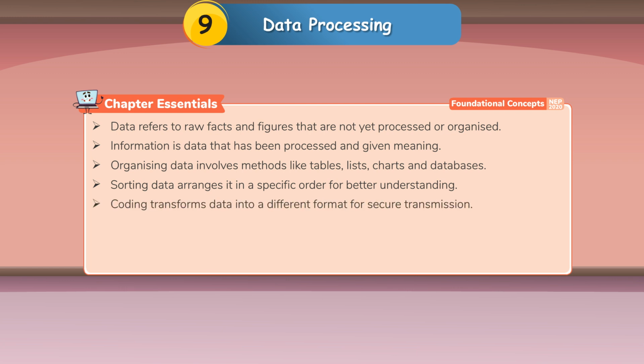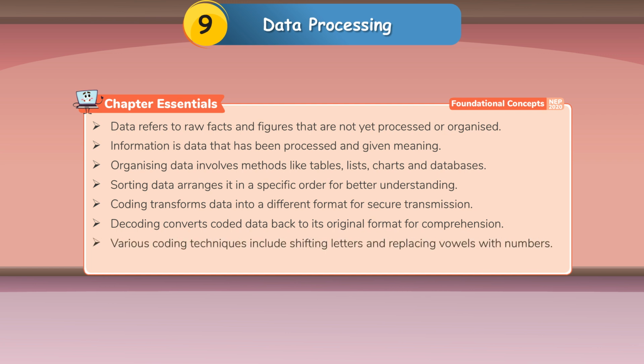Coding transforms data into a different format for secure transmission. Decoding converts coded data back to its original format for comprehension. Various coding techniques include shifting letters and replacing vowels with numbers. Decoding uses specific rules to interpret the coded information correctly.